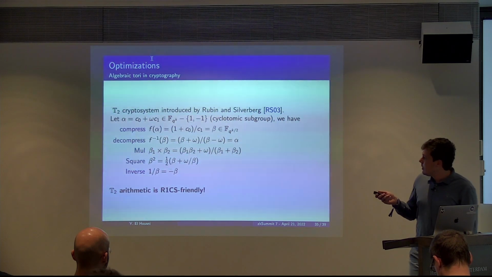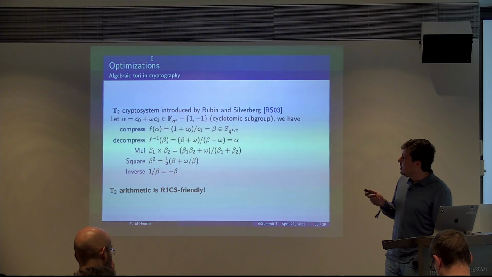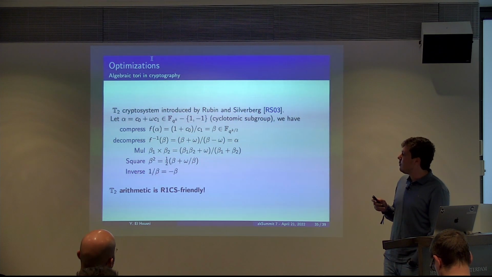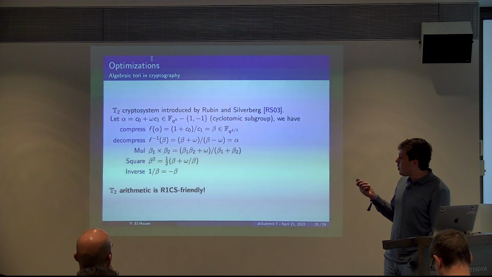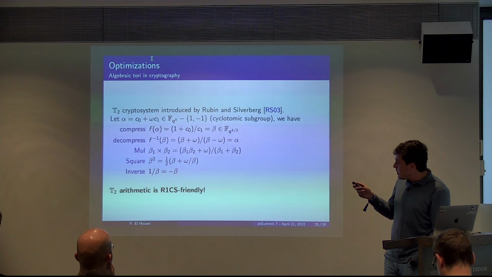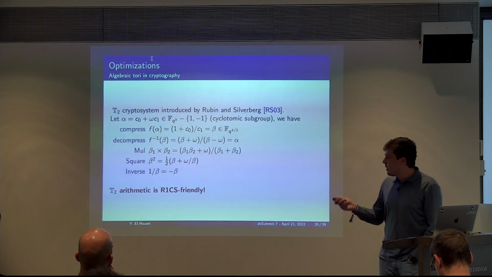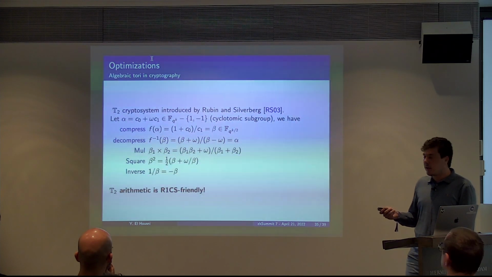When you see here, the compression costs just one inverse in FP6, not FP12. The decompression costs one inverse in FP12. The multiplication costs one multiplication in FP6 and one division in FP6, and the squaring costs just one division in FP6. Inverses are just a negation, so they are free.